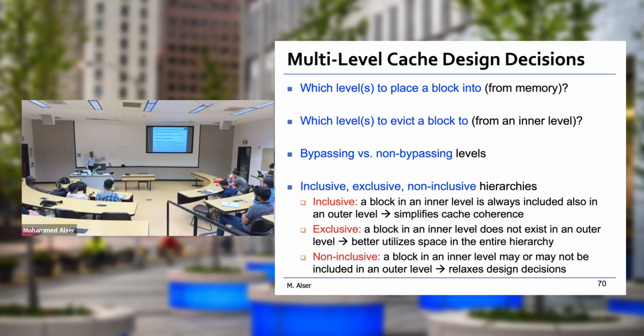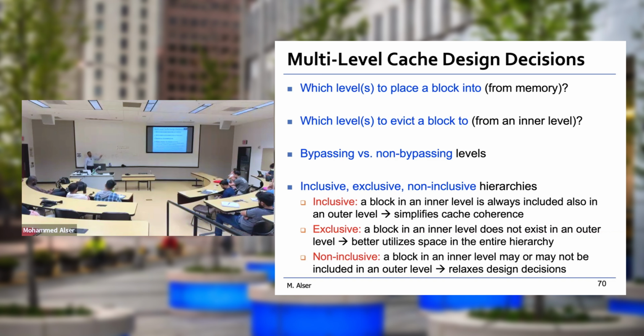So all of them are inclusive, right? The smaller one is already part of the bigger one. In the exclusive one, I decide that no, it doesn't make sense. I'm wasting a lot of size, a lot of capacity in the cache, right? So it doesn't make sense to me to make the copies in there. The goal of why I need the hierarchy is basically just to bring the data closer to the CPU. So it doesn't make sense to keep the copy in the L2 and L3 as well.